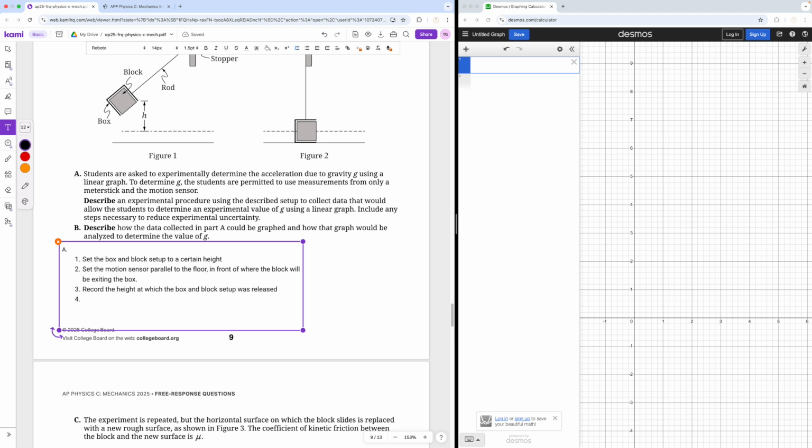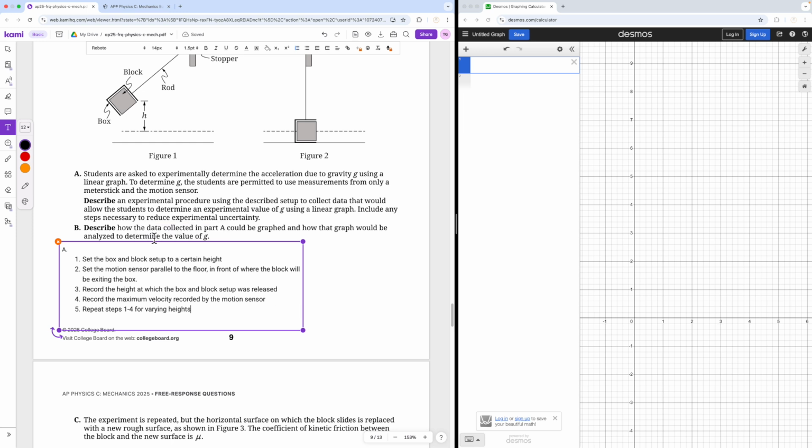And then record the maximum velocity recorded by the motion sensor. Since we're assuming there's no friction, the velocity should be constant until it hits the motion sensor, because it's only detecting once the block actually comes in front of it. So record the maximum velocity, and 5, repeat steps 1 to 4 for varying heights.